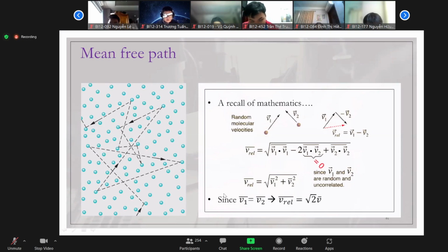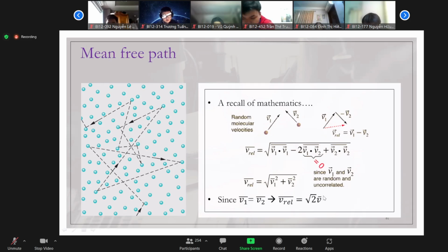Here, when we consider that the speed is constant and similar to each other, then we can write the relative speed equal to root mean squared of 2 and an average speed. So the relative speed can be written like this.